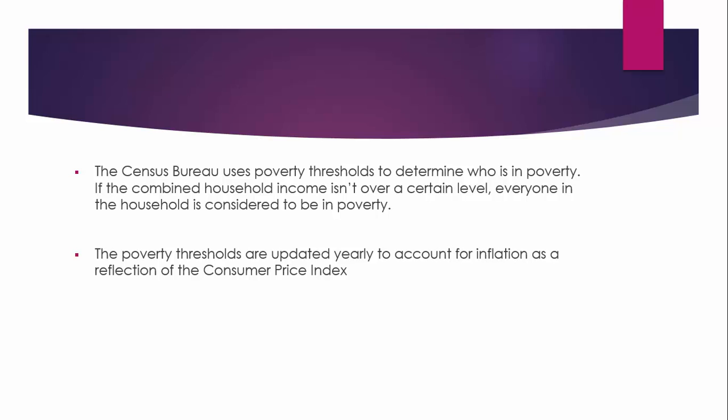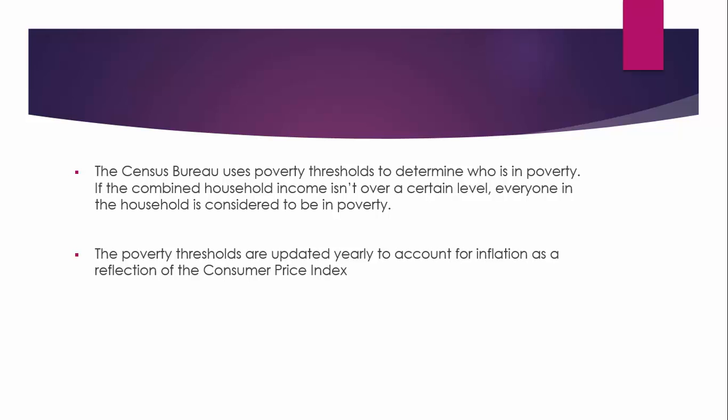The Census Bureau uses poverty thresholds to determine who is in poverty. If the combined household income isn't over a certain level, everyone in the household is considered to be in poverty. And that is one of the reasons why childhood poverty is such a problem in this country, because of single parent households that have maybe 3 kids.